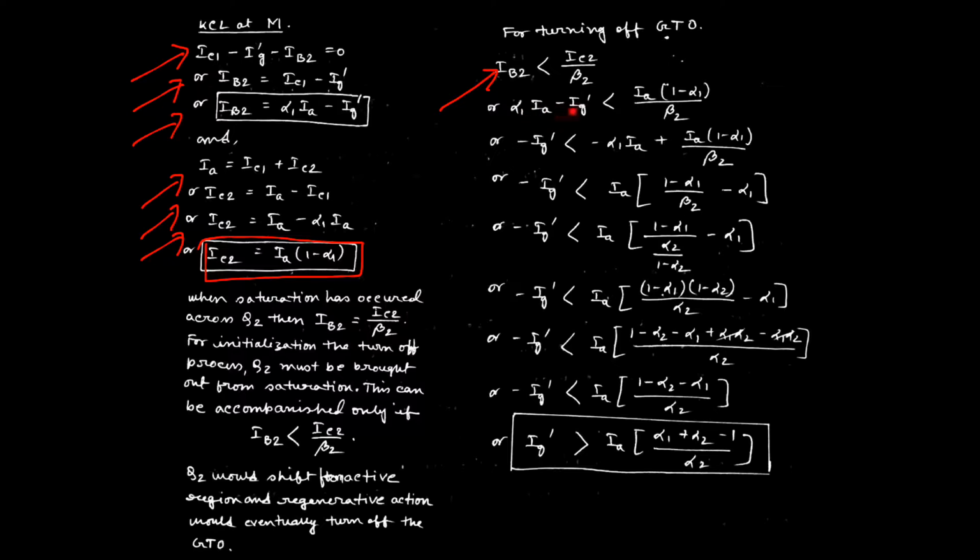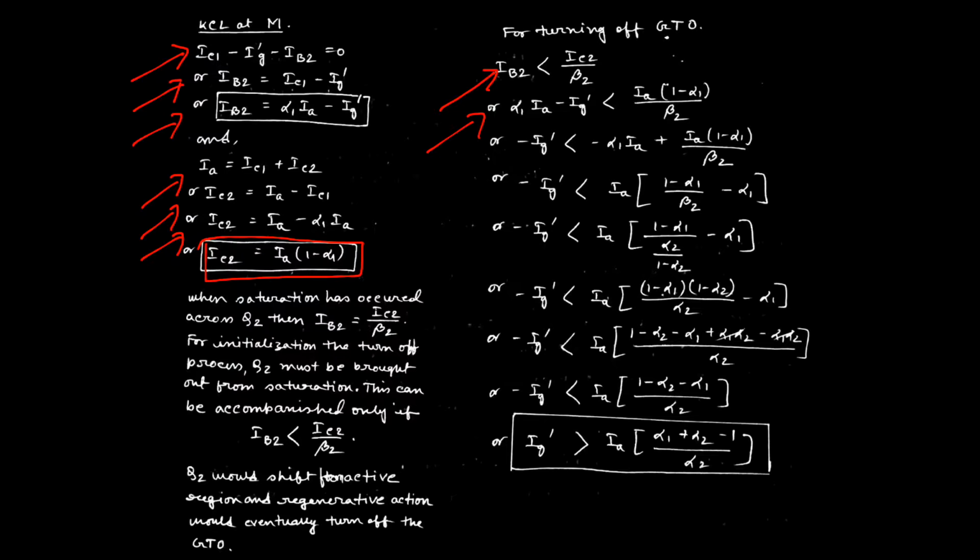That means we can replace the equation here, and we know IC2 is equal to IA times 1 minus alpha 1. So we replace it here, that is IA times 1 minus alpha 1, with beta 2 remaining in the same position. That means we have the equation alpha 1 IA minus IG1 less than IA times 1 minus alpha 1 by beta 2.